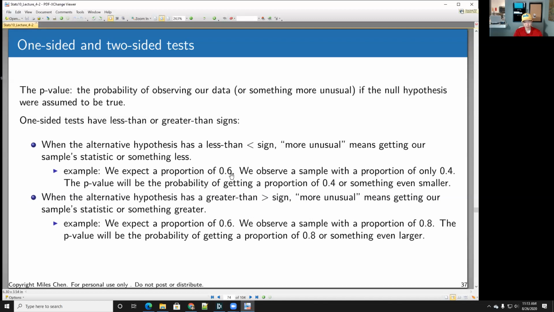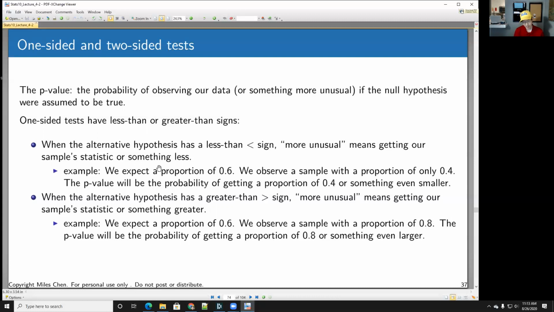Let's say you're in a situation where you're expecting a proportion of 60%. Say we're talking about what proportion of people went to the dentist last year, and we're expecting that proportion to be 60%.